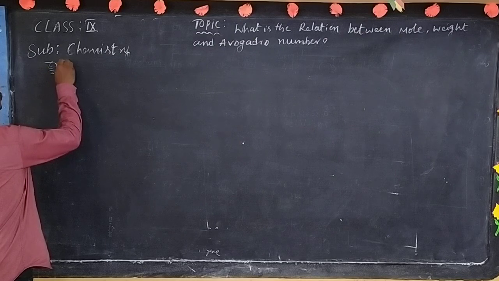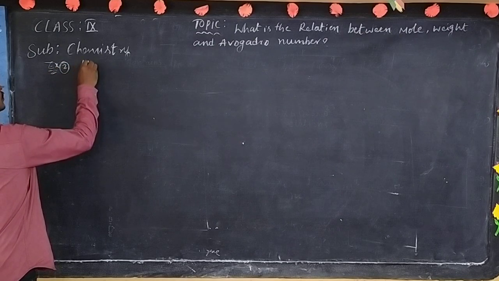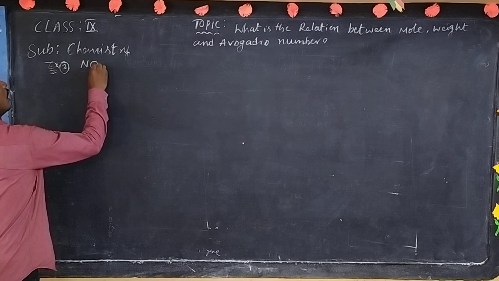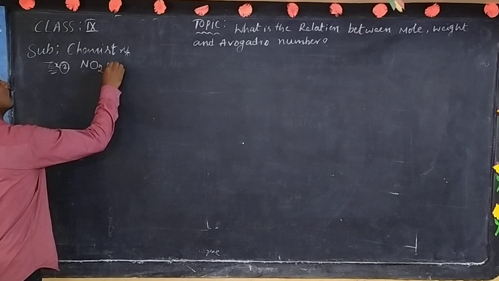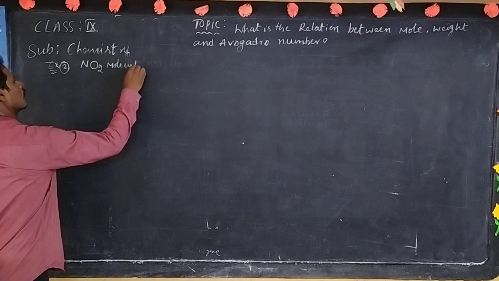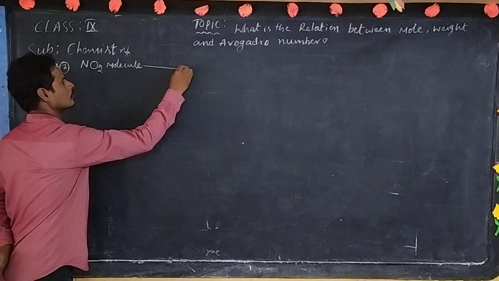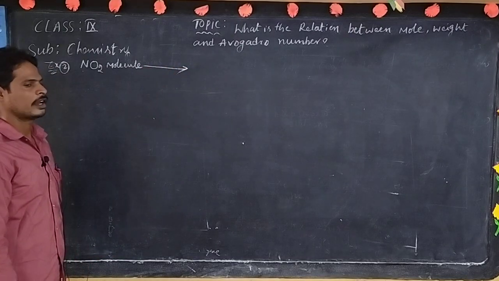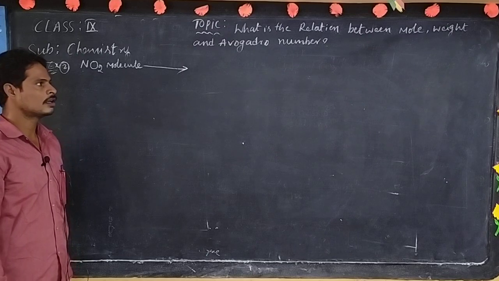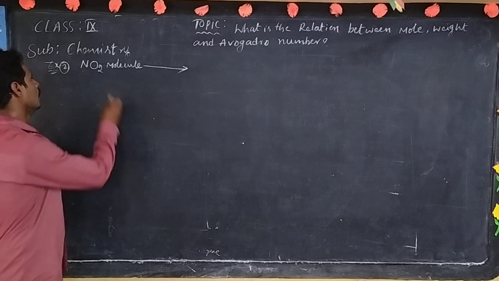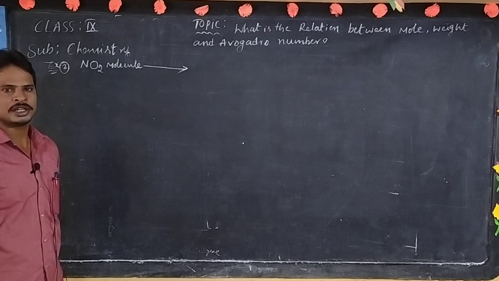Example 2, NO2 molecule. So here we can identify the relation between mole, weight and Avogadro number. In front of the NO2 molecule, is any number there?